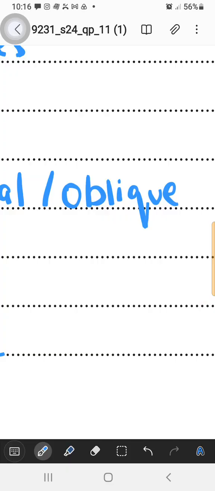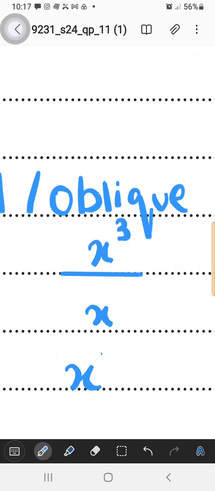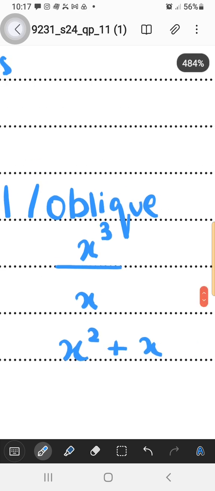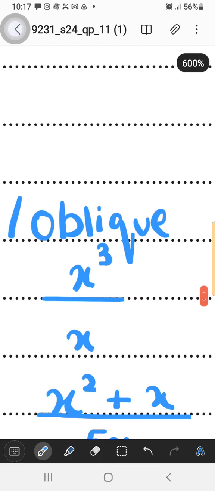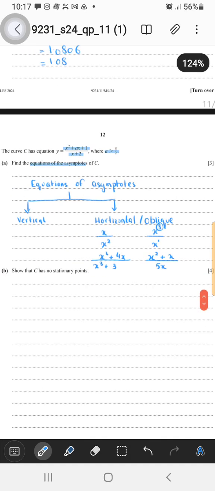If the degree of numerator is greater than the degree of denominator, there will be an oblique asymptote. Let me give you an example: x cube upon x, or x square plus x divided by 5x, where x cube is in the numerator while the power on the denominator is only 1. So let's move ahead.